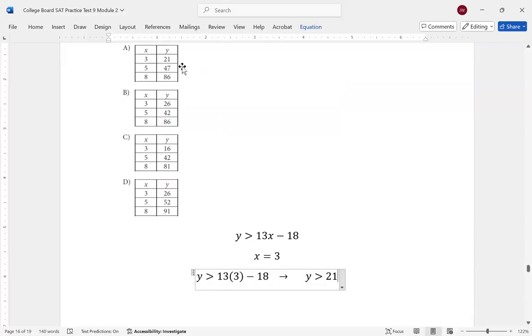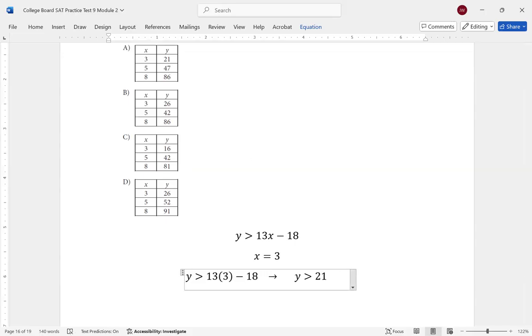Now, if you notice on these tables, option A is not going to work because when we have a 3, we get exactly 21 as our y value. We need a y value bigger than 21. Also, option C is not going to work because when I plug in a 3, I get a number which is smaller than 21.